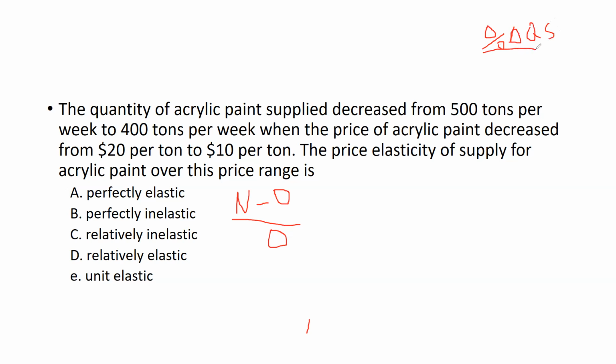So I've got to figure out what the percentage change is, and that's new minus old over old. So the new is 400. I'm just going to put 4. I think I could get away with it like that. 400 minus 500, the old, over the old.